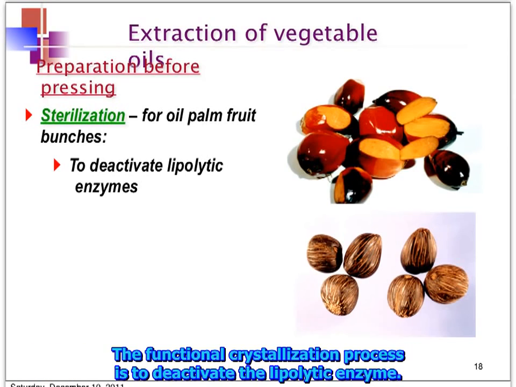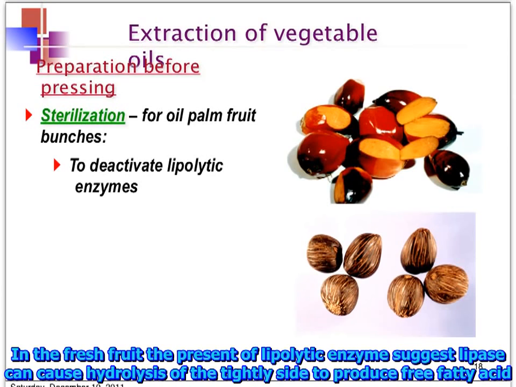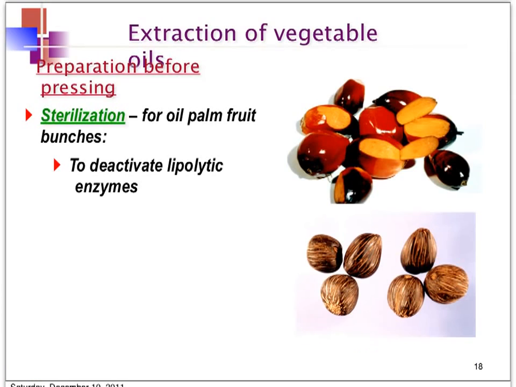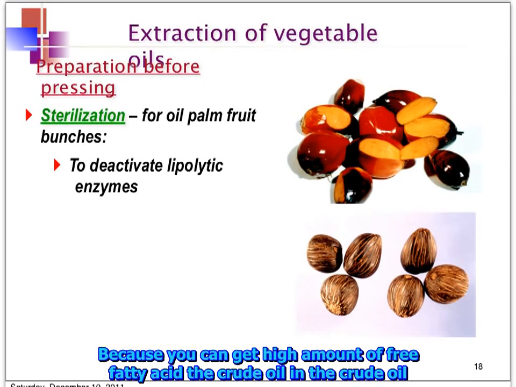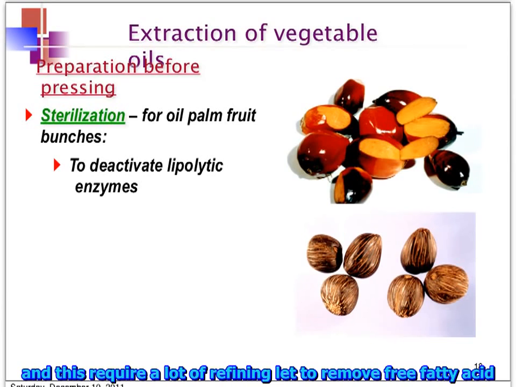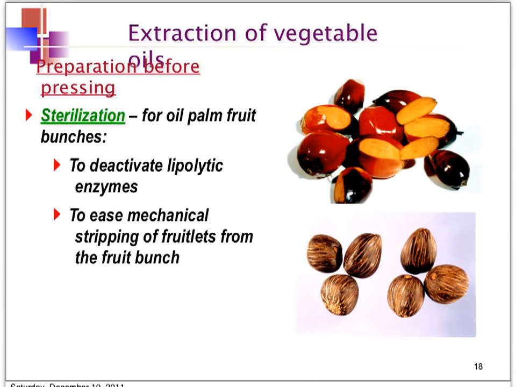The function of this sterilization process is to deactivate the lipolytic enzymes. In the fresh fruits, the presence of lipolytic enzymes such as lipase can cause hydrolysis of the triglyceride to produce free fatty acid, and we don't want to produce a lot of fatty acid in the fruits, because you can get a high amount of free fatty acid in the crude oil, and this will require a lot of refining later to remove the free fatty acid.